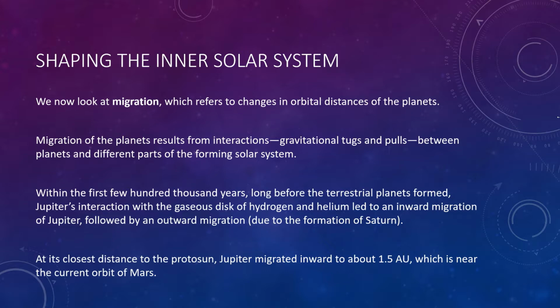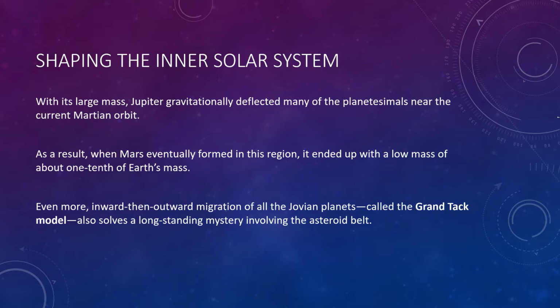But at its closest distance to the protosun, Jupiter actually migrated inward to about 1.5 astronomical units, which happens to be near the current orbit of Mars. With its large mass, Jupiter gravitationally deflected many of the planetesimals near the current Martian orbit.